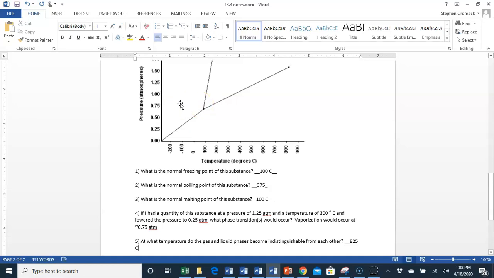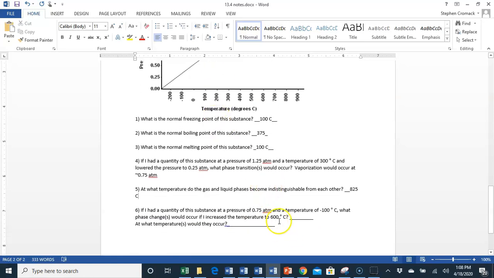We started at -100 Celsius. I misread. So at -100 Celsius, we're going to cross at 100, and then soon after, at 175, we're going to cross again. So what phase changes are going to occur? We're going to melt, then vaporize.